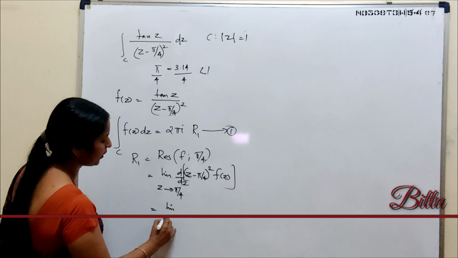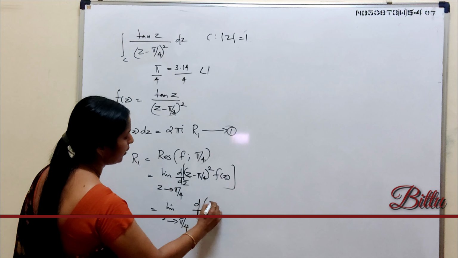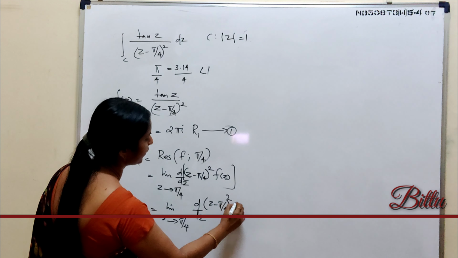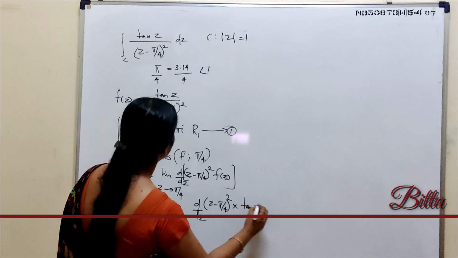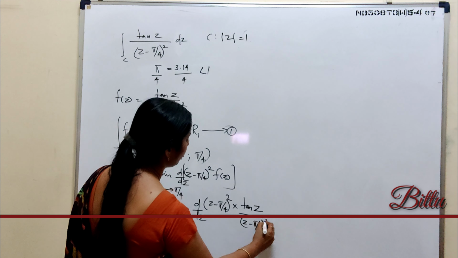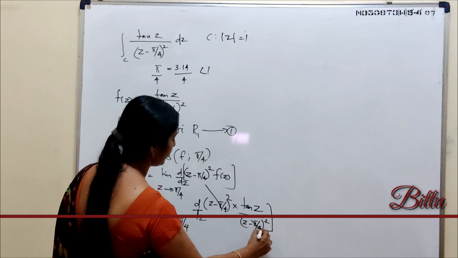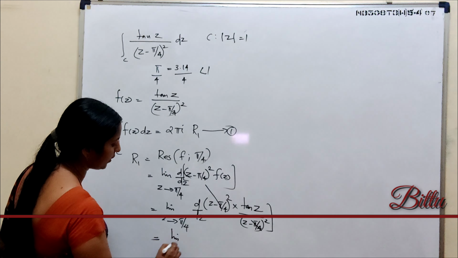That is limit z tends to pi by 4 of the first derivative of z minus pi by 4 the whole square into f z, which is tan z by z minus pi by 4 the whole square. You can see this will cancel each other.